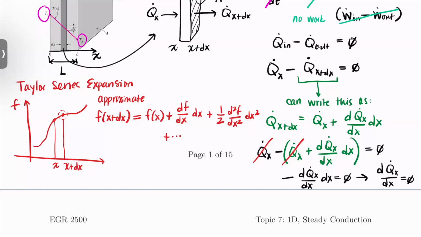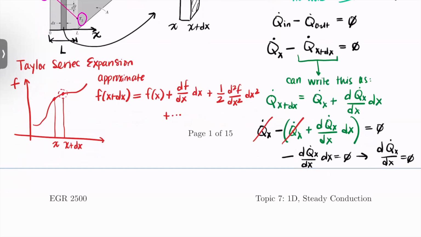So what does that mean about q dot x? It's not necessarily 0, but it is a constant though, right? So it's not changing with respect to x. So that means the following.